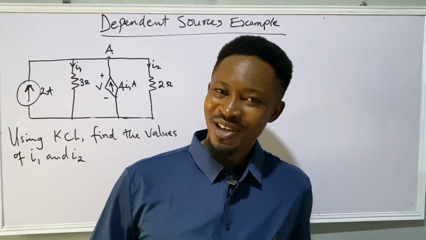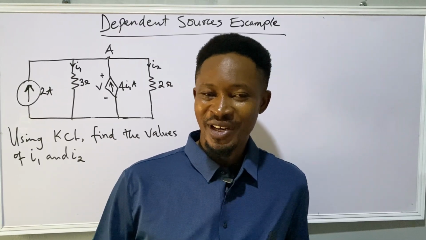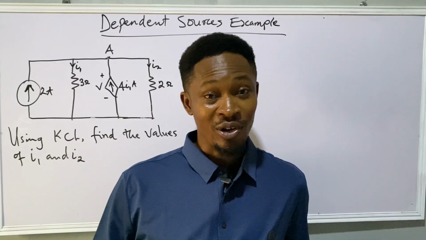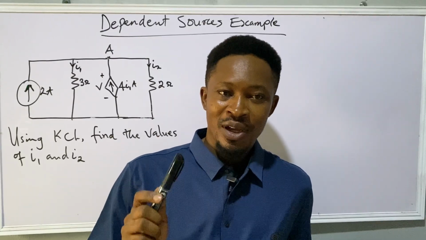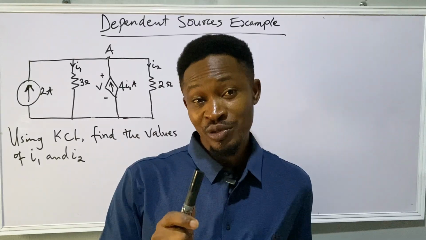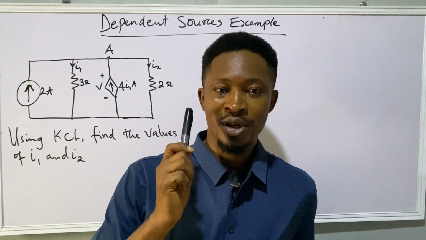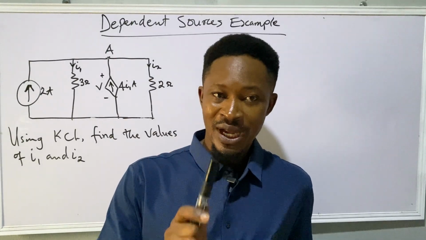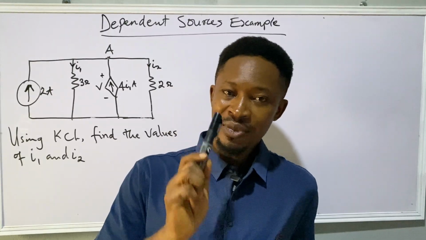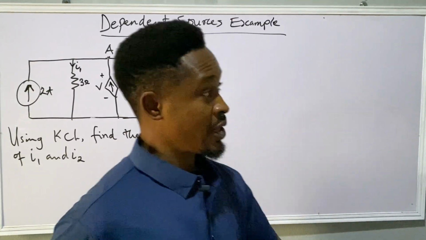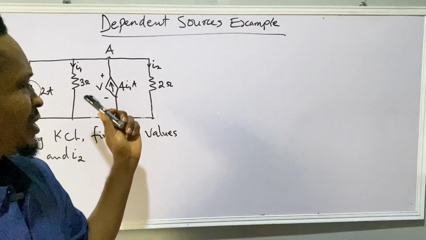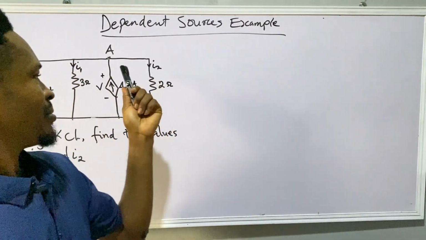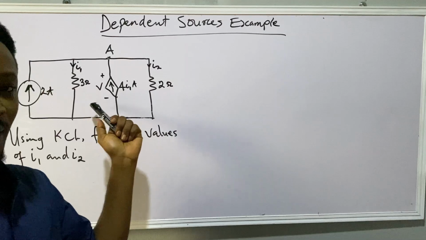The other time we treated dependent and independent voltage and current sources, and I made mention that I'm going to be treating some examples based on that explanation. So today we have an example of a dependent source here.